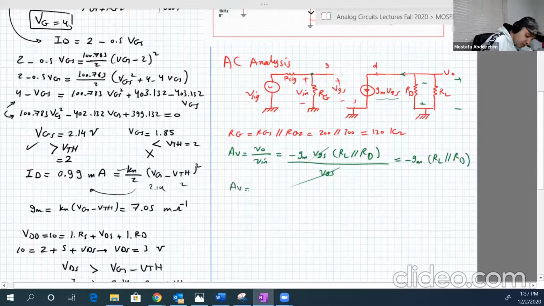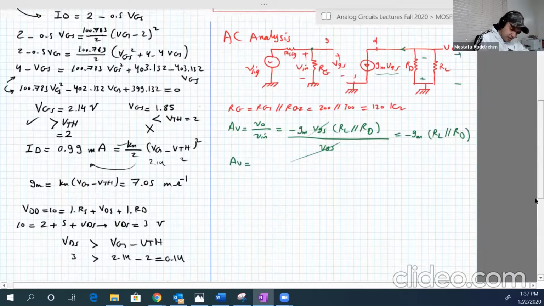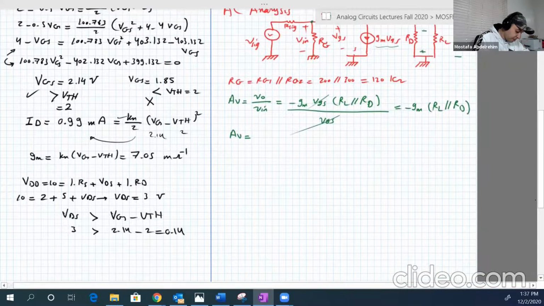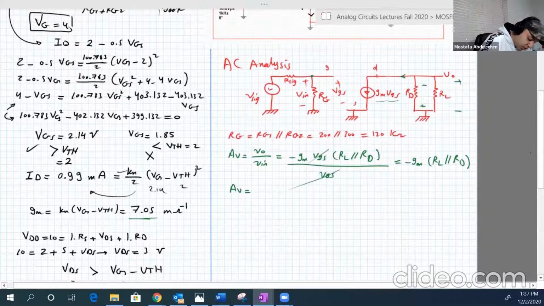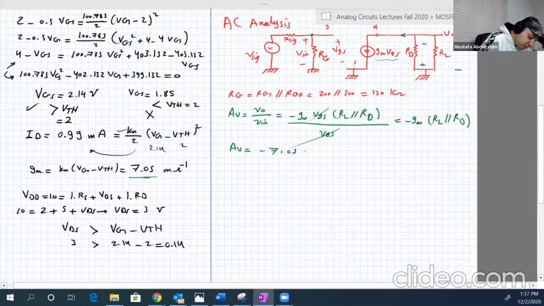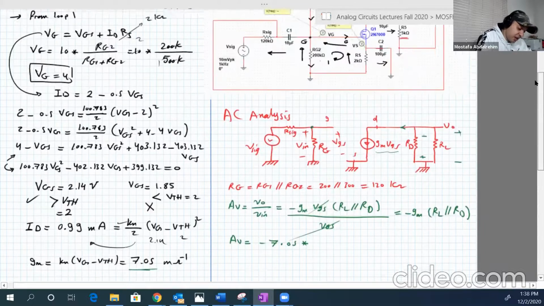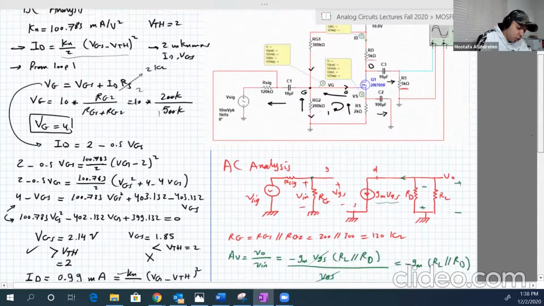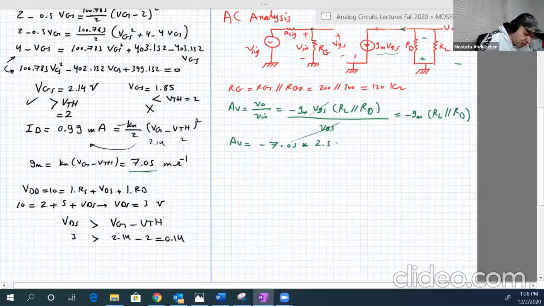So AV, if we calculate, we have GM already, right? It's 7.05. We have RL and RD, so this is equal to minus 7.05 multiplied by RL, which is 5 kilo ohms, and RD, which is also 5 kilo ohms. So the parallel combination of them is 2.5.